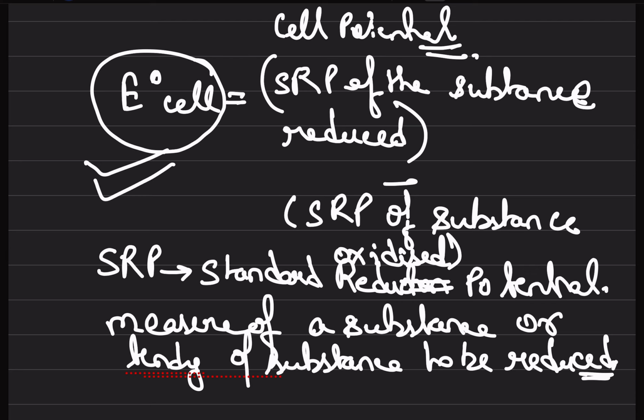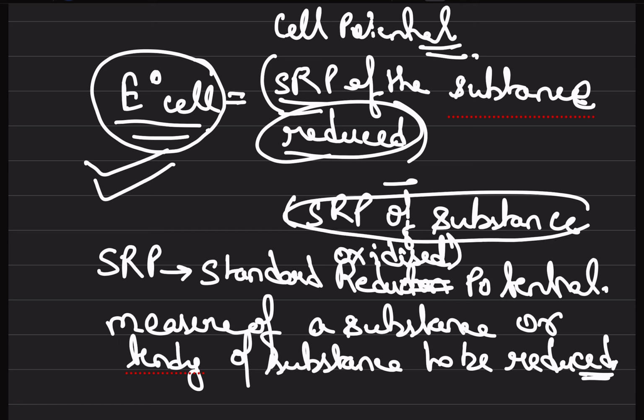E naught cell is equal to the standard reduction potential of the substance which is reduced minus the standard reduction potential of the substance which is oxidized. So this is how, in terms of reactions, if the reaction is given, we will find the E naught cell, or the cell potential.